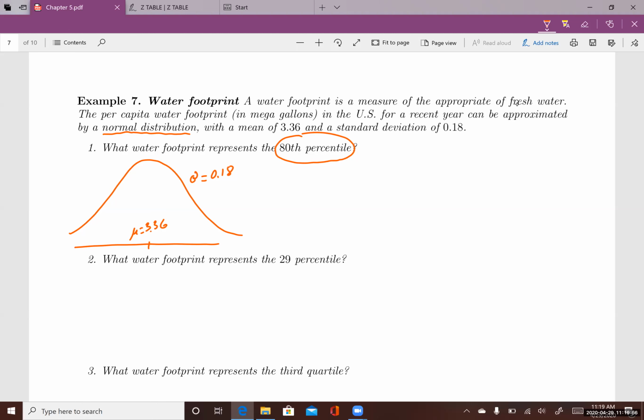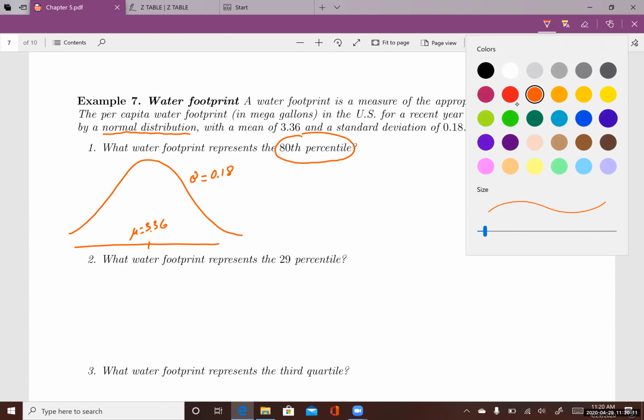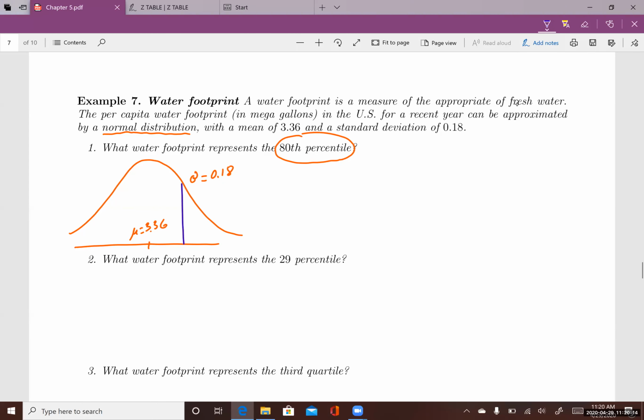The first question is, what water footprint represents the 80th percentile? So remember, the 80th percentile is a value which 80% of the population is less than that value, right? So that means I know the probability to the left of this value is 0.8 or 80%.